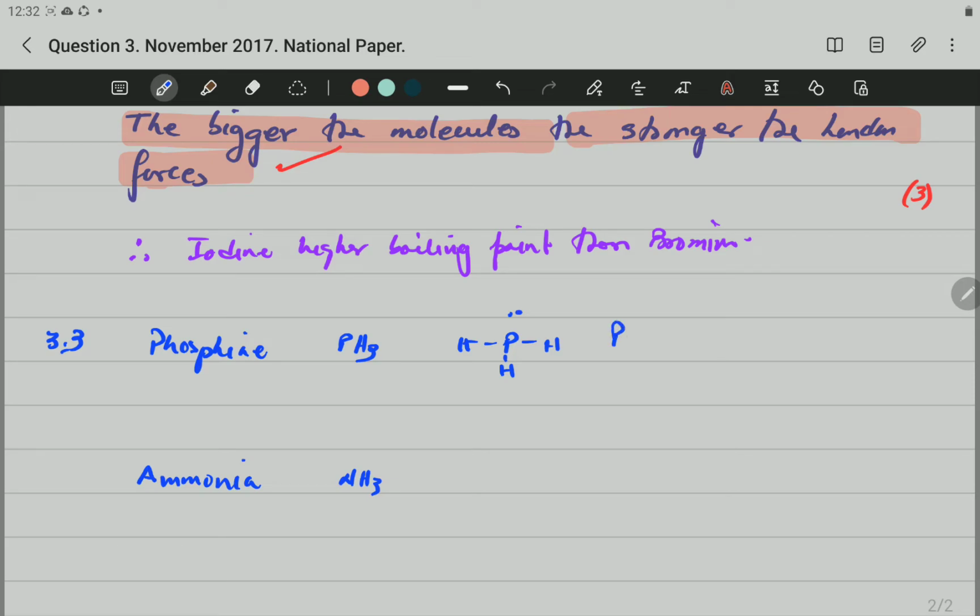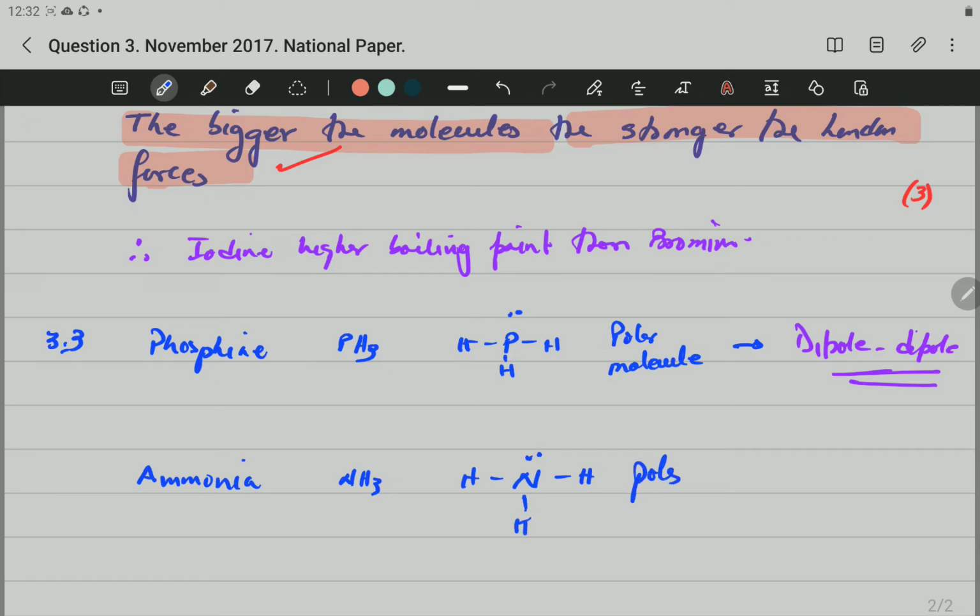This one is a polar molecule, and the type of intermolecular forces will be dipole-dipole. What about ammonia? Ammonia will be nitrogen, 3 hydrogens, and a lone pair, also polar. They look very much the same. They have the same shape, in fact, which is trigonal pyramidal.